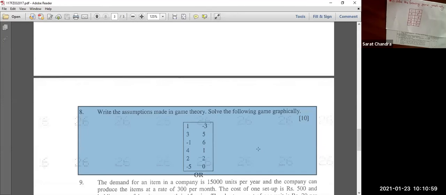Okay, I will show you this one. Have a look. I have written that question. Same question I have written here. And now we are going to solve it out graphically.